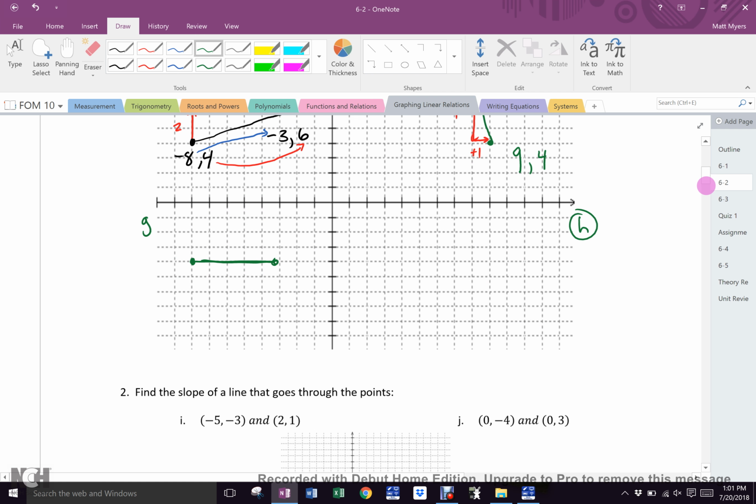No. Pick a point anywhere and do it again. Please notice that the bigger the number, the steeper the slope. Is everybody good?